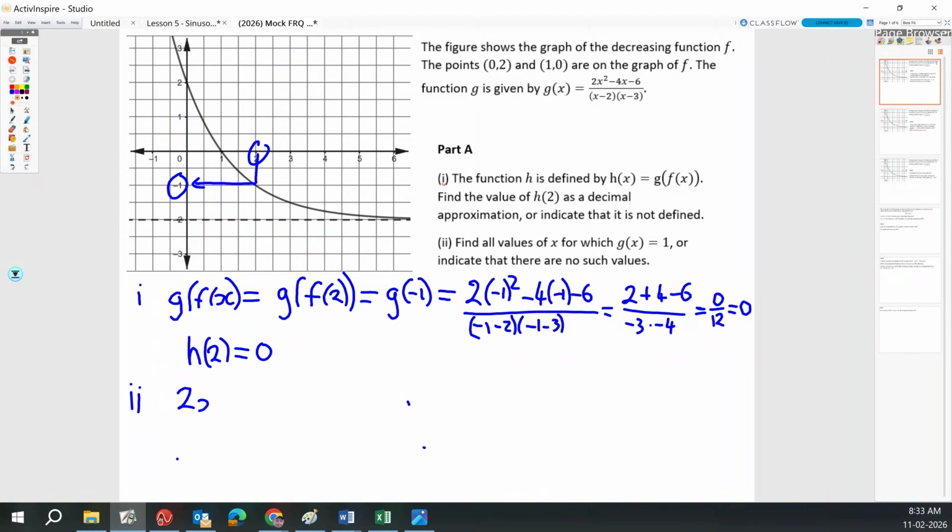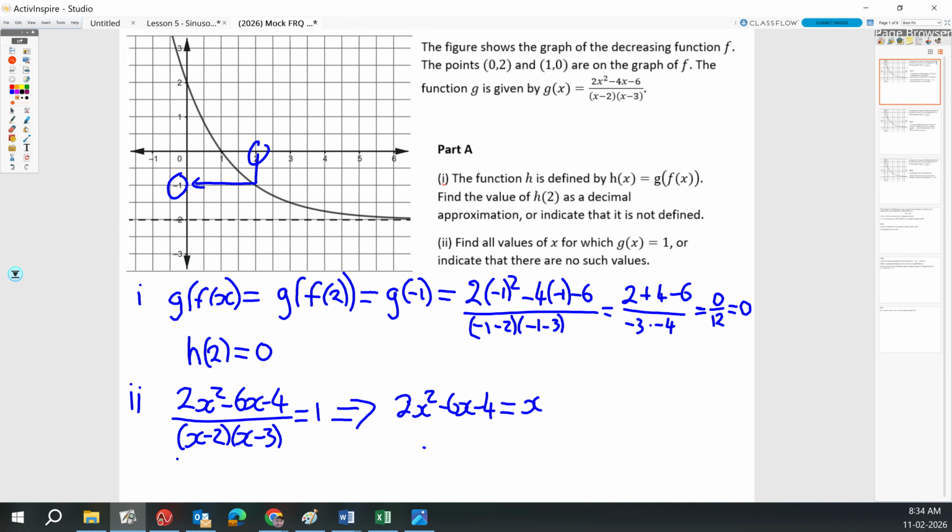So 2x squared minus 6x minus 4 over x minus 2, x minus 3 is equal to 1. Rearrange that, we get 2x squared minus 6x minus 4 is equal to x squared minus 5x plus 6.